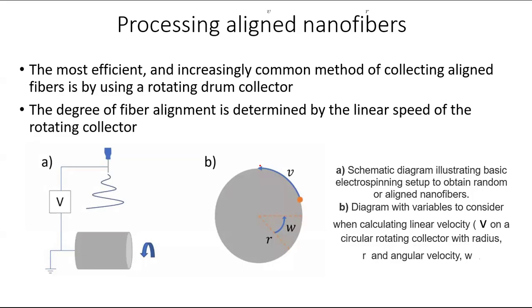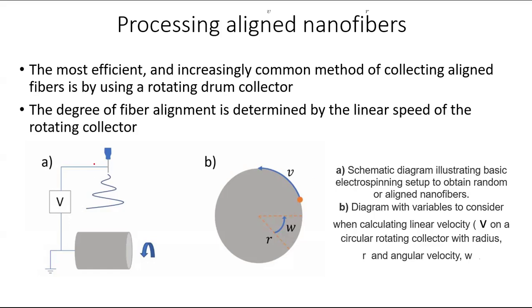So, processing aligned fibers. The most efficient and increasingly common method of collecting aligned fiber is by using a rotating drum collector. The degree of the fiber alignment will be determined by the linear speed of the rotating collector. So if you increase the rotation speed, there will be more alignment.